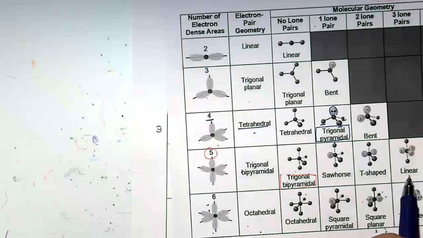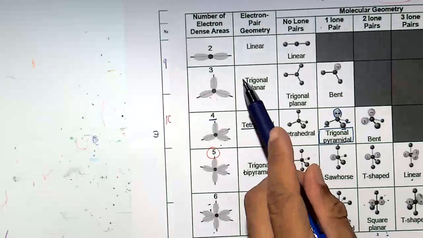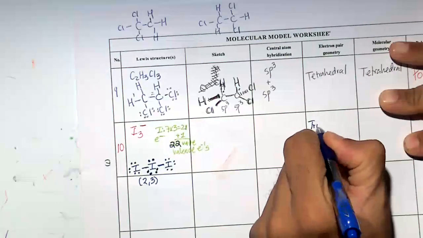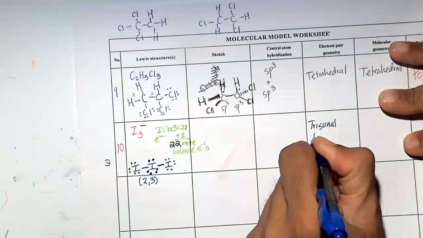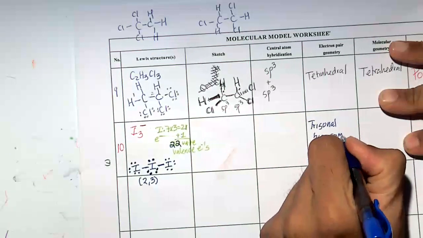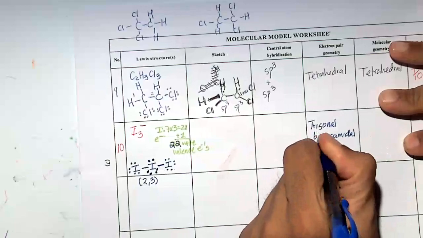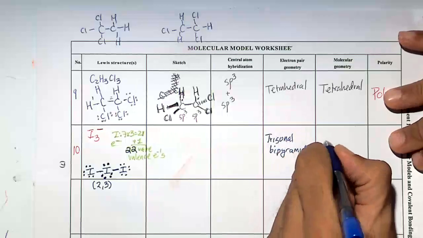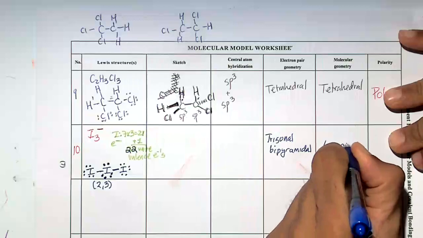Because of the three lone pairs. Trigonal bipyramidal is the electron pair geometry, but because of the three lone pairs, with two bonds and three lone pairs, this is linear.